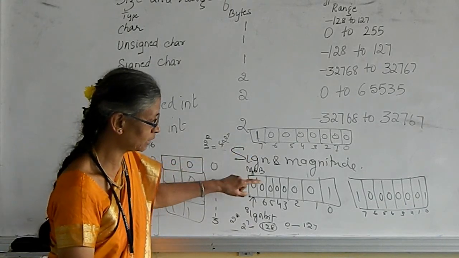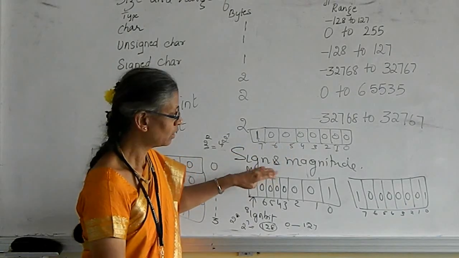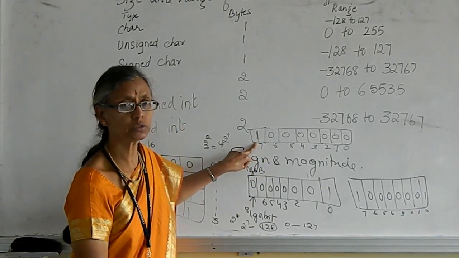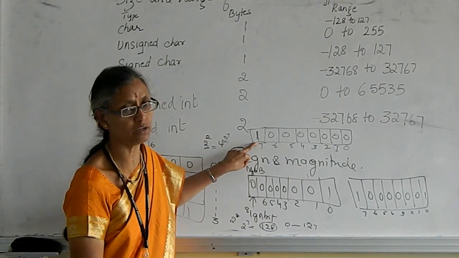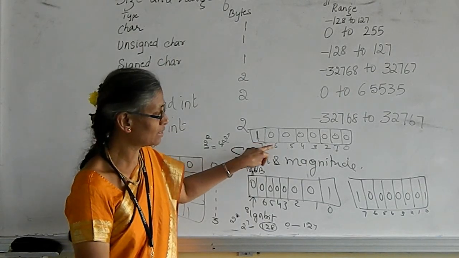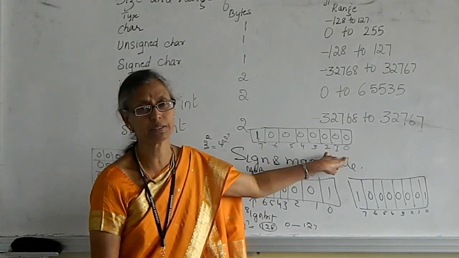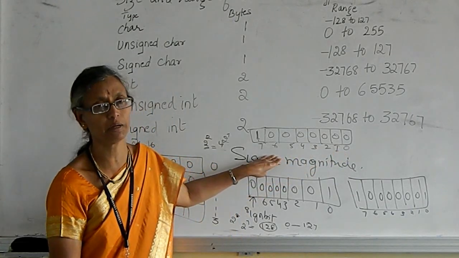So what you understand here, to wrap up, is that we use the most significant bit for representing the sign of a number, and the rest of the bits are used for representing the magnitude of the number.